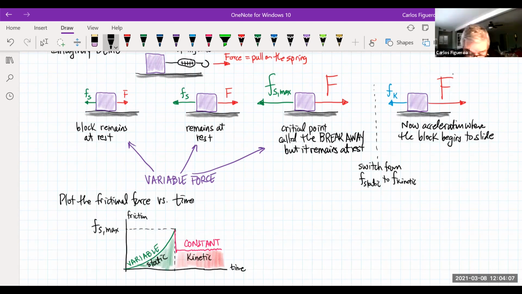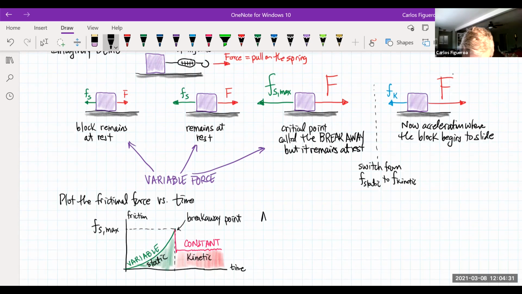Now, I think you have good intuition about this. And what do I mean by that? By the way, I noticed that I didn't label this point here. This point right here is the so-called breakaway point, right? That's where that discontinuity is.